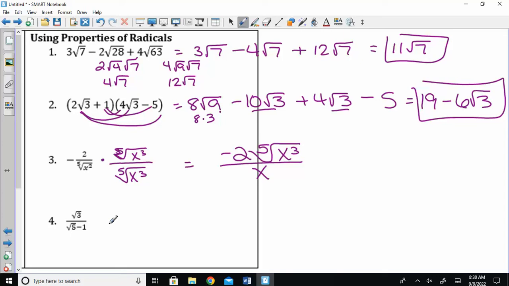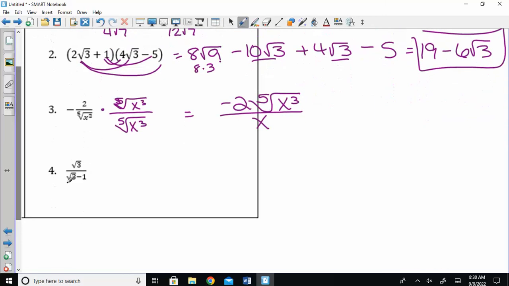The last one, we have to get the radical off the bottom. How would I do that? So the conjugate is square root of 5 plus 1. So you have to distribute everything. So square root of 3 times square root of 5 is square root of 15.